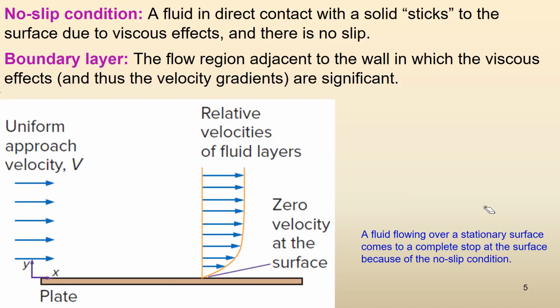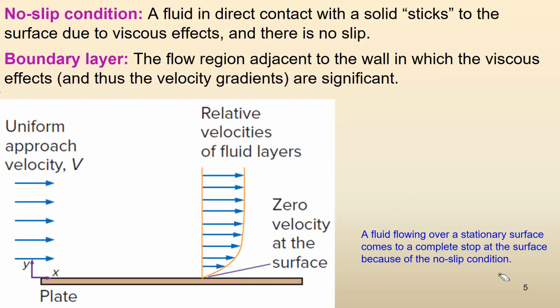So if the surface is stationary, then the fluid particles also have zero velocity. If the surface is moving toward the right-hand side or the left-hand side with a certain velocity, let's say 2 meters per second, then the fluid particles also have the same velocity at that position, at that elevation, at the solid surface. This is very important.